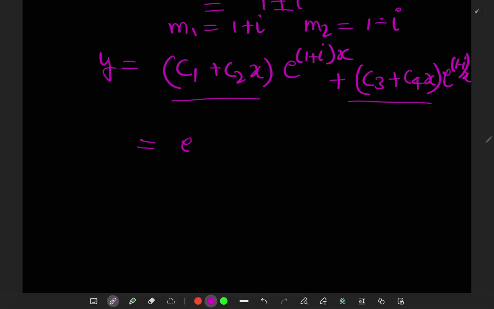Now taking e raised to power x common on both equations, both values.